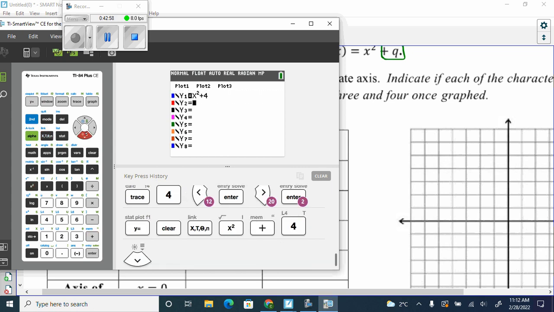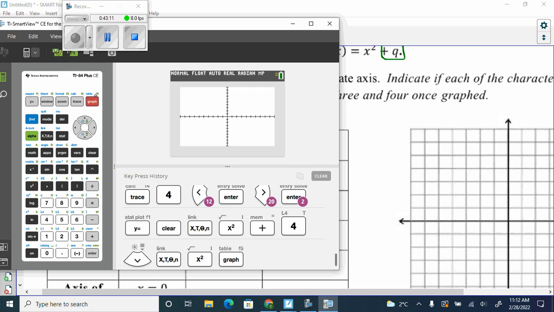In my y2, I'm going to put my generic x squared, just so we can compare them. So in my y1, I have x squared plus 4, and in my y2, I'm just going to put x squared. And I'm going to press graph.